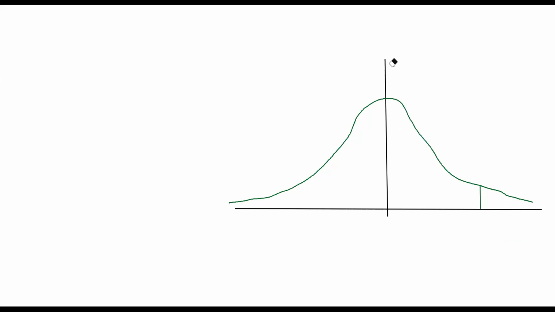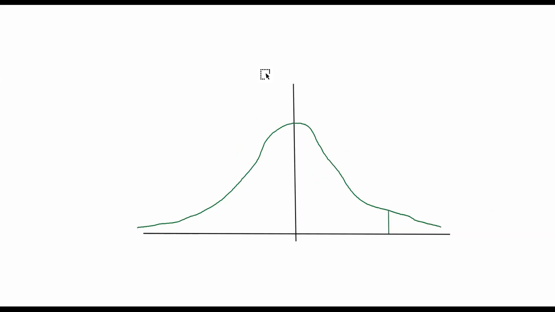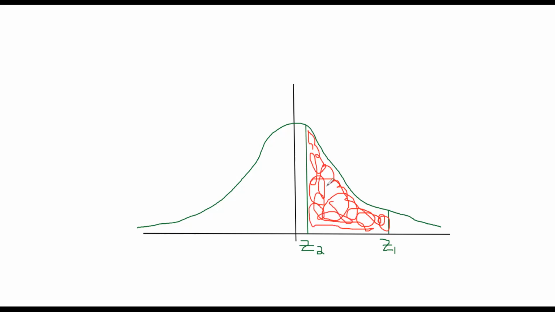And let's say you want to find the area in between this z-score and this z-score, which would come out to being this area here. Shade this area.